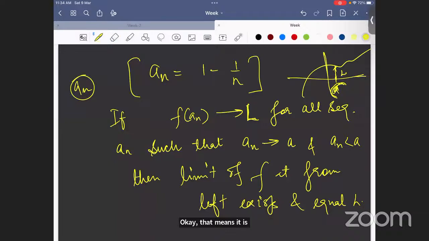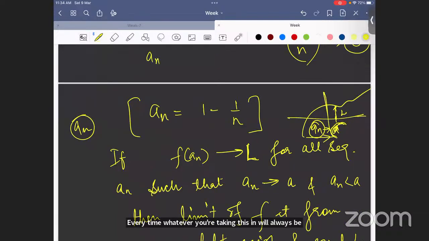You have a sequence an, and it is converging to a from the left hand side. That means an is tending to some real value a.